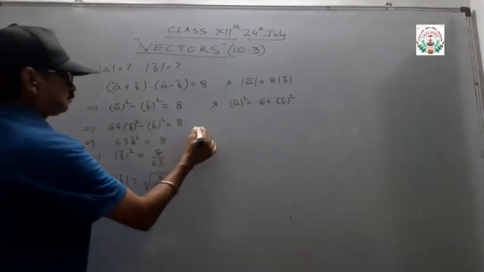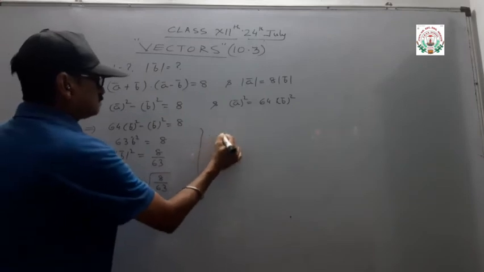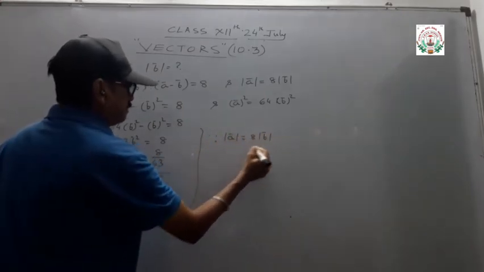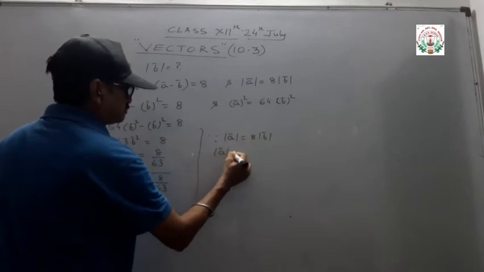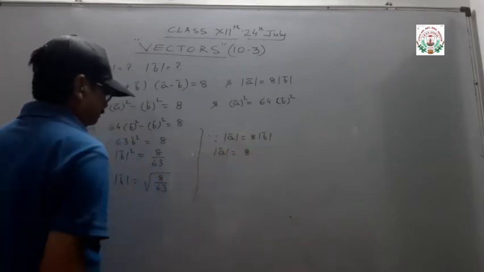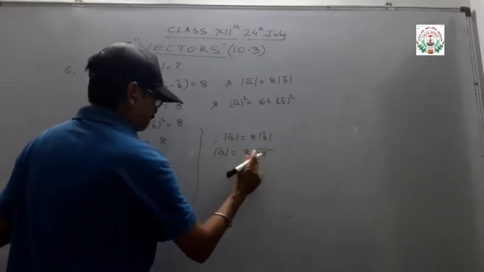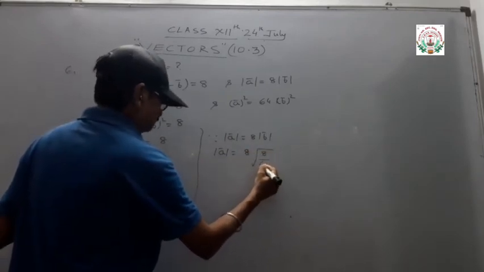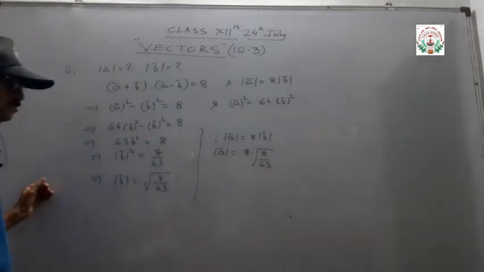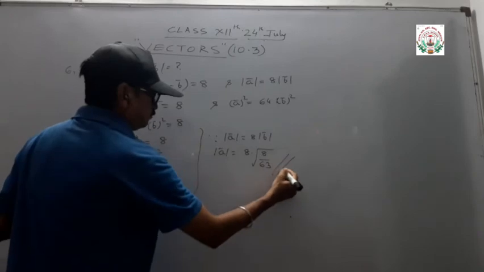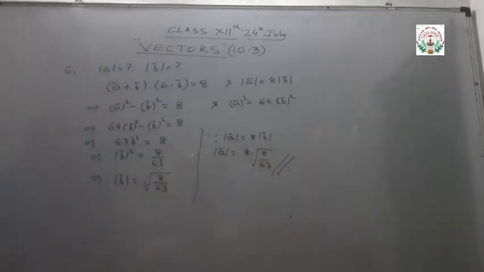And now, since the modulus of vector A is equal to 8 times the modulus of vector B, the modulus of vector A will be equal to 8 into the square root of 8 upon 63. This is our value. Further, if you want to simplify, you can simplify it.